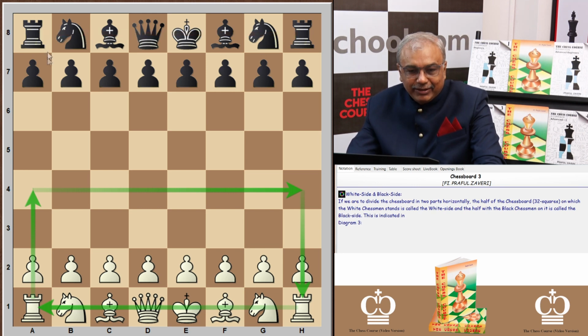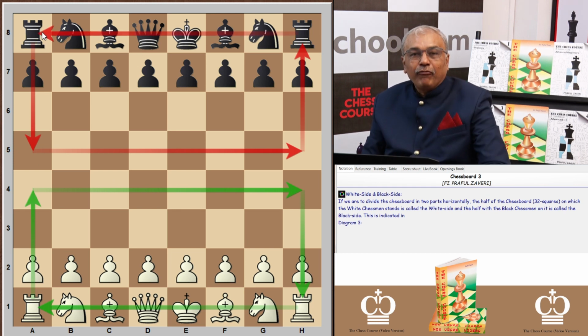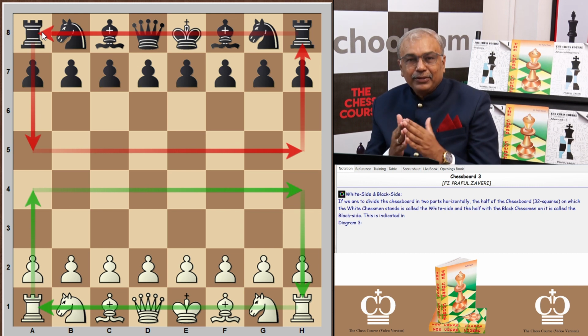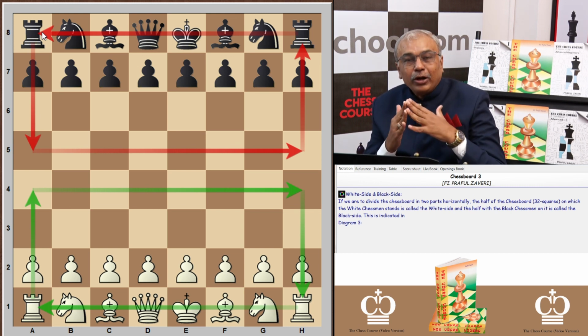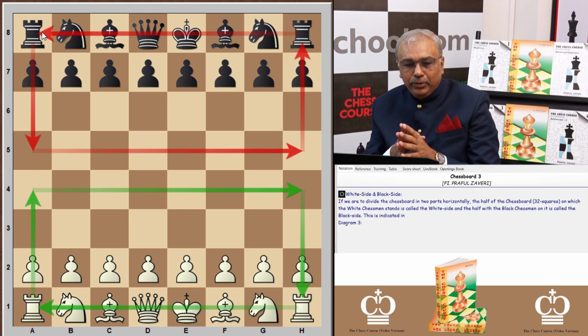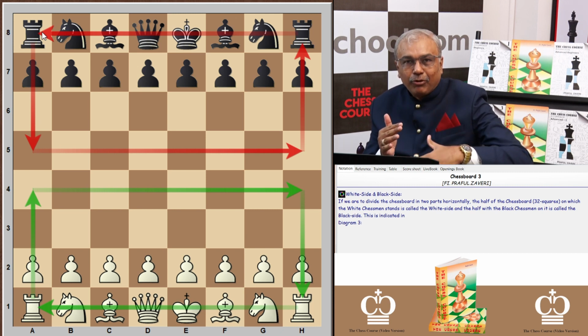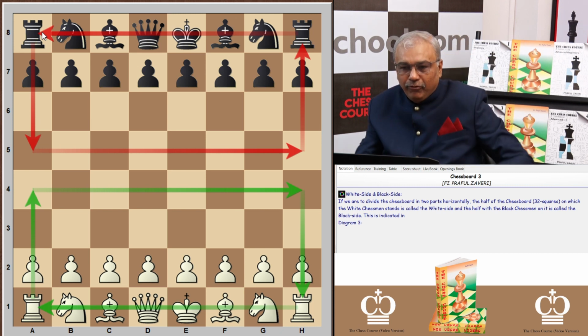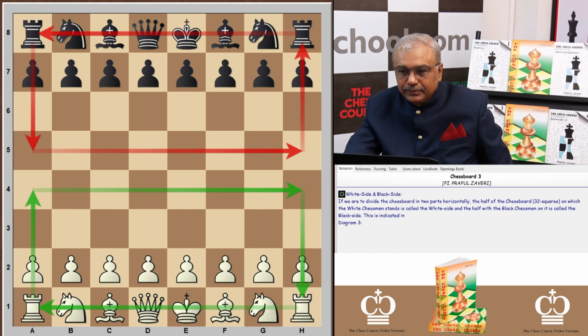So let me color this once again for the black side. And you can see these 4 rows horizontally for a total of 32 squares. So we have to remember the horizontal demarcation of the board: 32 squares belong to the white side and 32 for the black side.